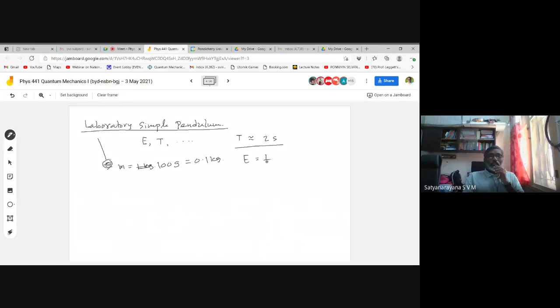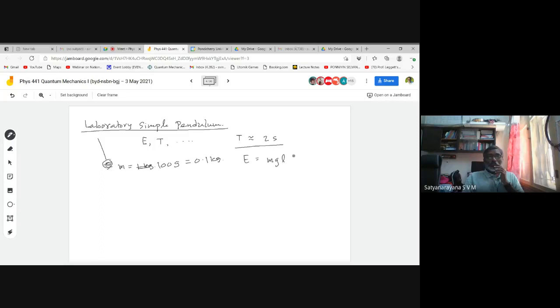Energy is equal to half k x squared, where basically this is half mg. So what is the potential energy of the pendulum?